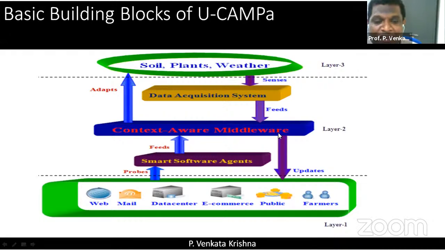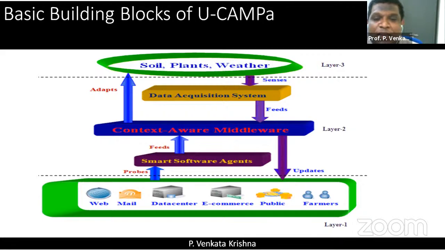the context-aware middleware, which is the key part of this architecture. Once the context middleware gets the information, it updates all its stakeholders, whether public, e-commerce, a data center, a mail, or a farmer, whichever application requires this information.